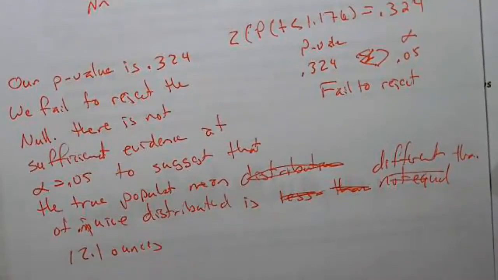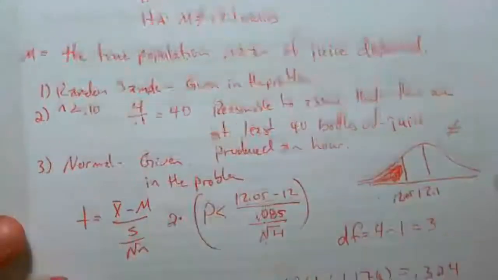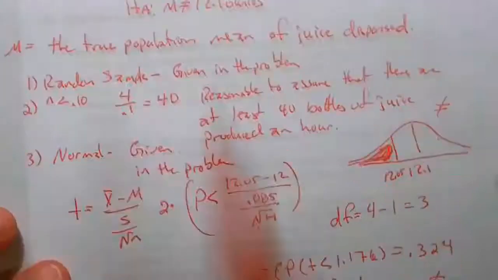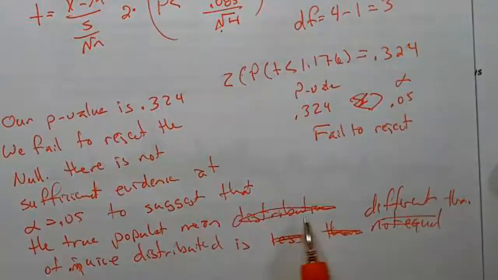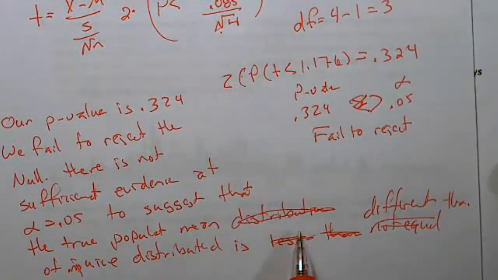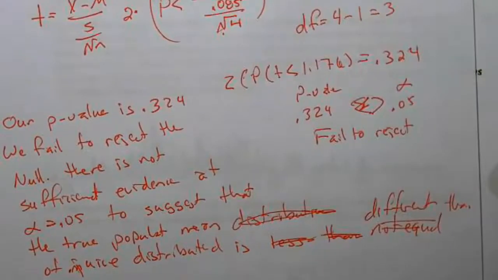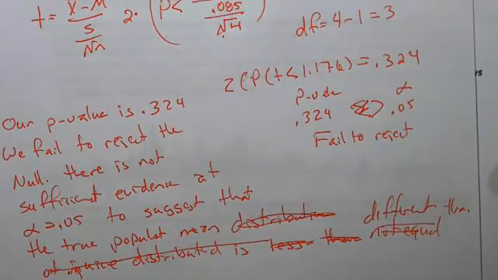That's fine. Thank you for catching me on that. I should have referred straight up to my alternative hypothesis, and I did not do that. To suggest the true population mean is different than 12 point, let's rewrite. I'm just going to rewrite that. That's really bad.